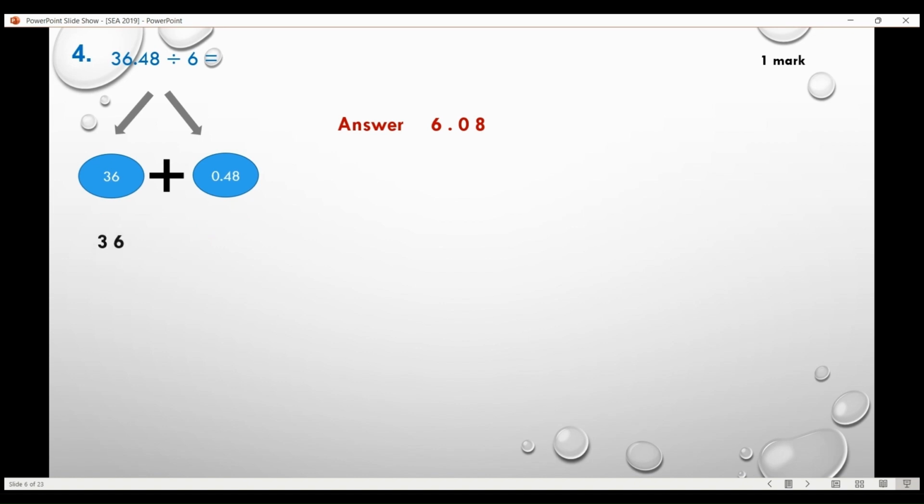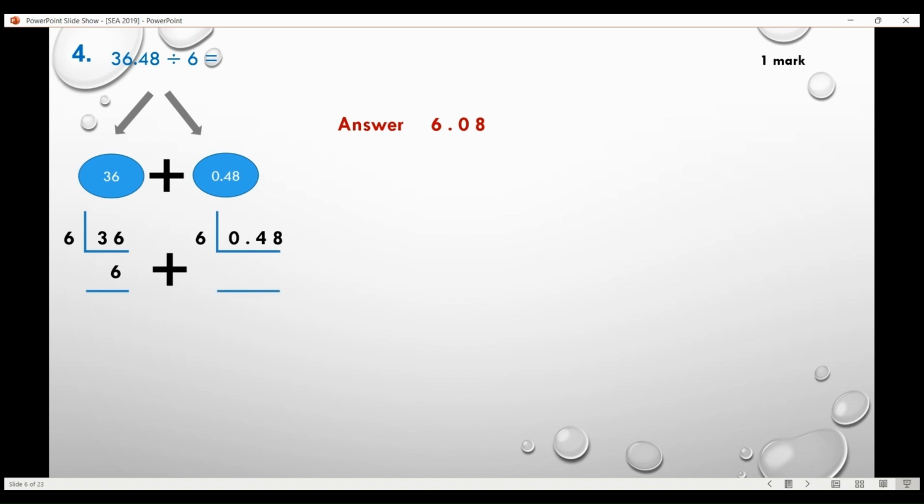So we can say if we have 36, then 6 into 36, and that will give us 6. So we've handled the whole number. And that's how the answer had 6 wholes or 6 ones. And if we're looking at the decimal now, we can say 0.48, and we're going to divide it by 6.